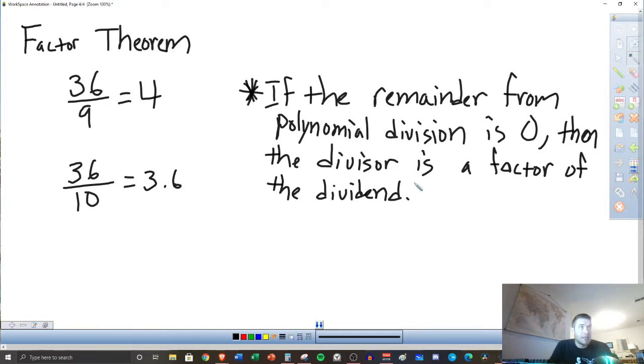So that's how that works. That is in simple terms the rule for polynomial factor theorem, okay?